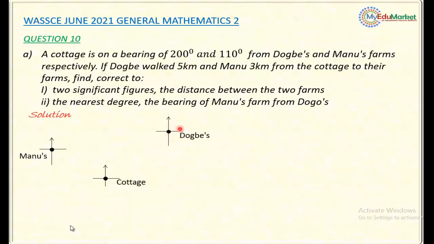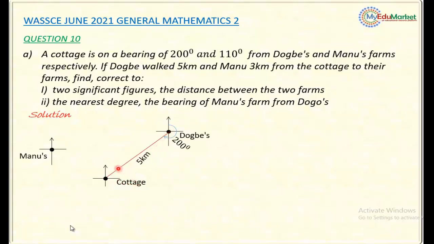Then I'll draw a line to meet the cottage, and that distance from Dogbe's farm to the cottage is 5 kilometers, because the question says Dogbe walked 5 kilometers to his farm from the cottage. This angle will be 200 degrees because it's bigger than 180. From here to here is 180, but I exceeded it into this quadrant.